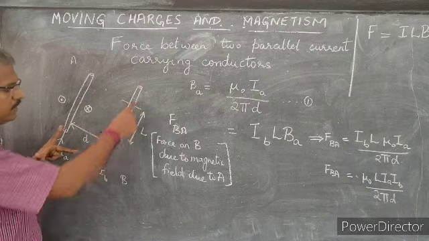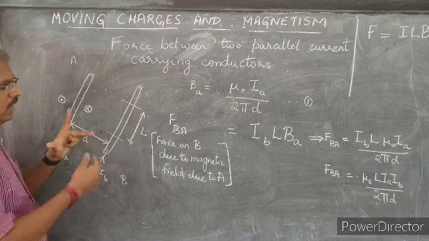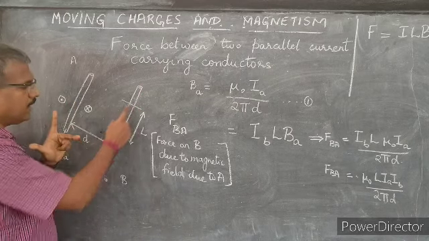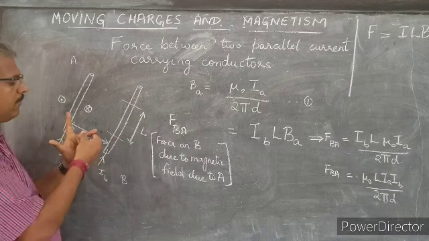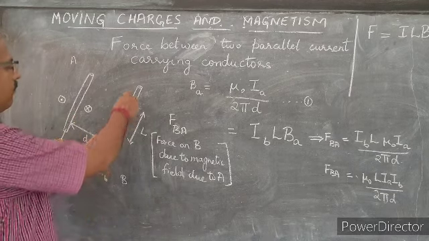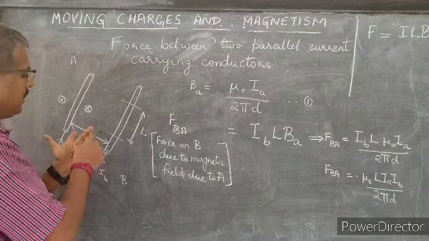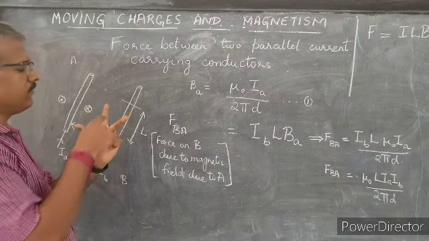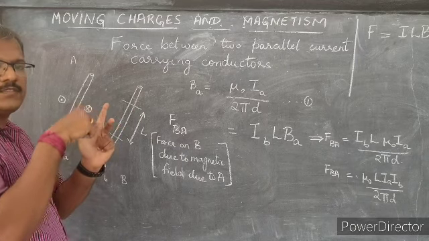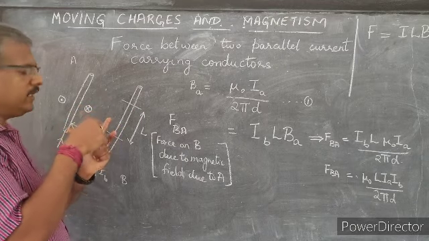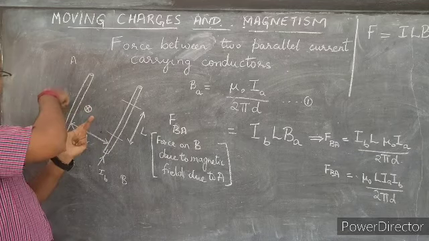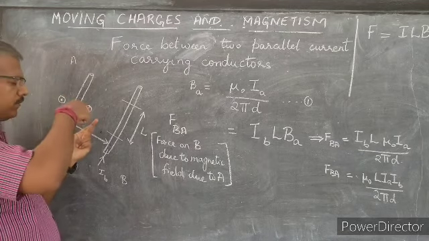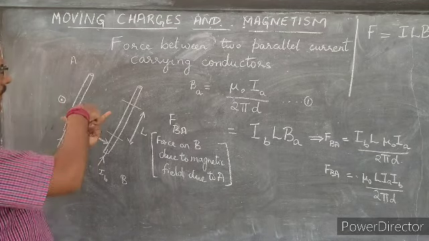So with respect to conductor B, the current is flowing upwards. So I align my middle finger such that it's flowing upwards. Now I turn my three fingers such that the index finger points in the direction of the magnetic field. So magnetic field due to A is going into the board.